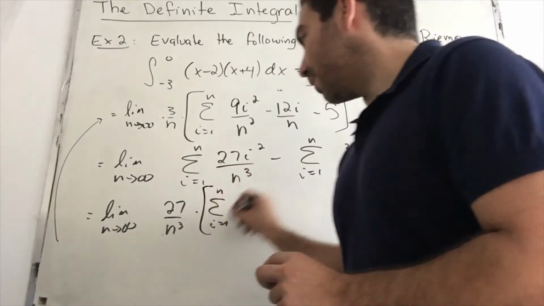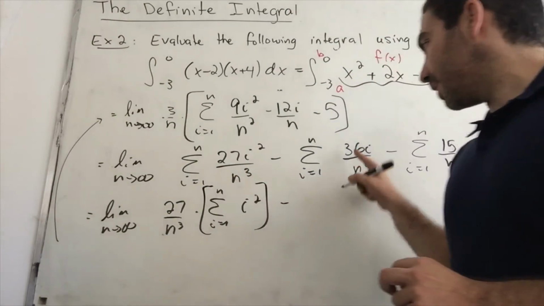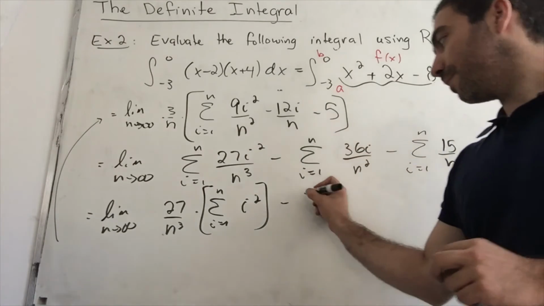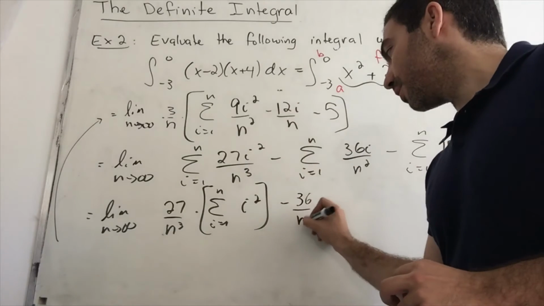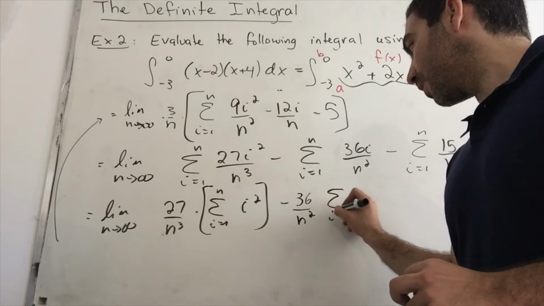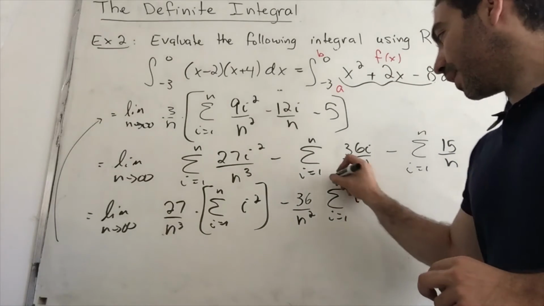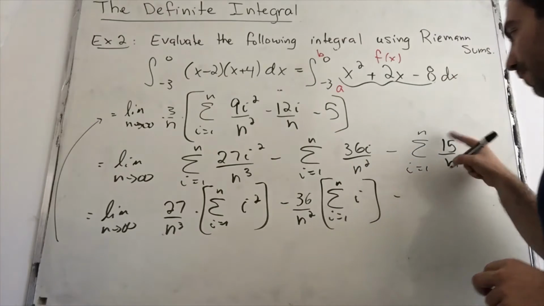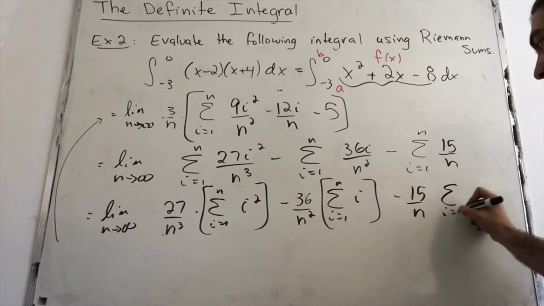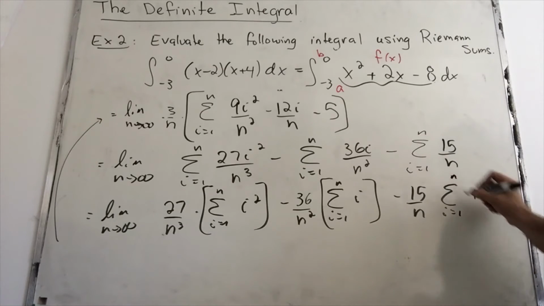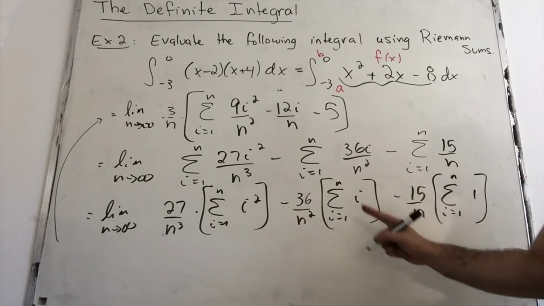This, we know what this is. Minus, here I'm going to factor out 36 over n squared. Well, not factor out, just remove it, treat it as a constant. Sum from 1 to n of i. Again, this we know. Minus 15 over n, there's no i's here, so I'm going to take out the whole thing, leaving us with the sum from 1 to n of just 1, which again we know.